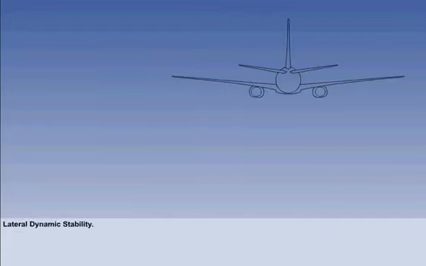As has become increasingly obvious, in a side slip, the lateral and directional response of an aircraft will be coupled. Side slip will simultaneously produce a rolling and a yawing moment. The type of lateral dynamic stability an aircraft will exhibit is determined by which type of static stability is dominant, directional or lateral.